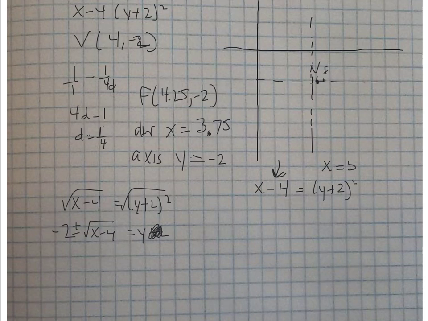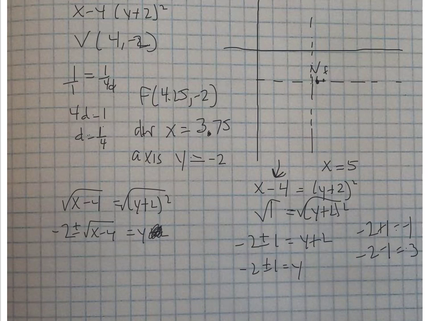Remember, you got to keep track of that so that you remember what your x value is for your point. So we get 1 equals y plus 2 quantity squared. Take the square root. So plus or minus 1 is equal to y plus 2. And then subtract the 2. So negative 2 plus or minus 1 is equal to y. So negative 2 plus 1, that's negative 1. And negative 2 minus 1, that's negative 3.